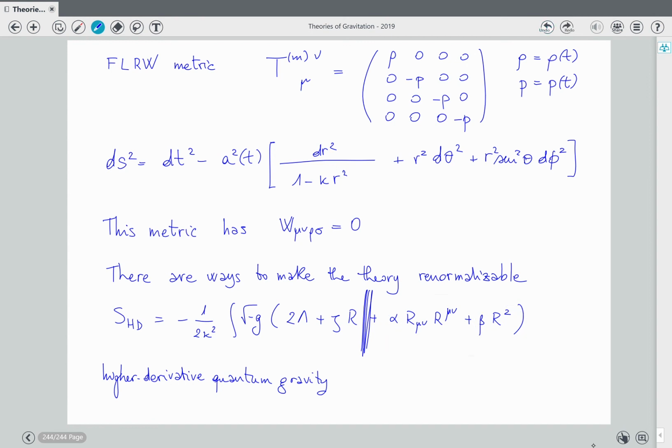Here, instead, you expand perturbatively around the entire thing, which means that alpha and beta are not small. They are of order 1. They are dimensionless, actually, so they're really of order 1.